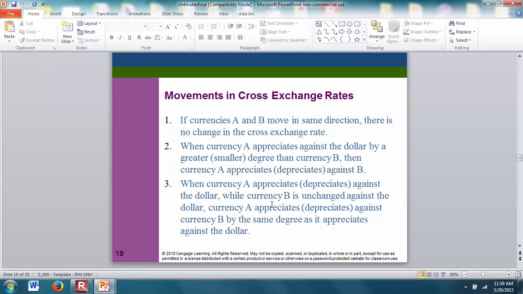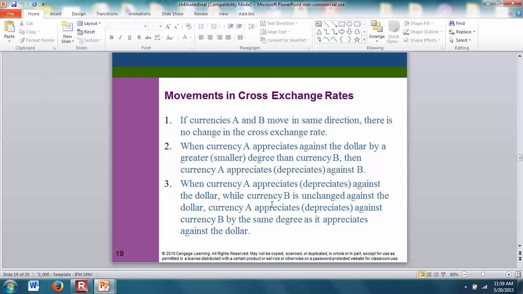Now, when currency A appreciates against the dollar by a greater degree than currency B, then currency A appreciates against B. So here we are saying that if the euro increases in value against the dollar by a bigger amount than the appreciation of the yen, we can find that the euro also will appreciate against the yen.